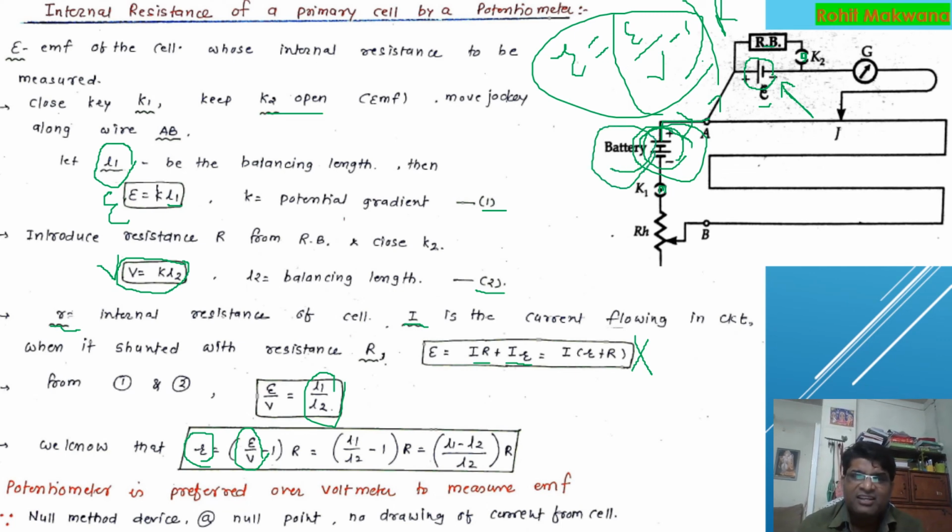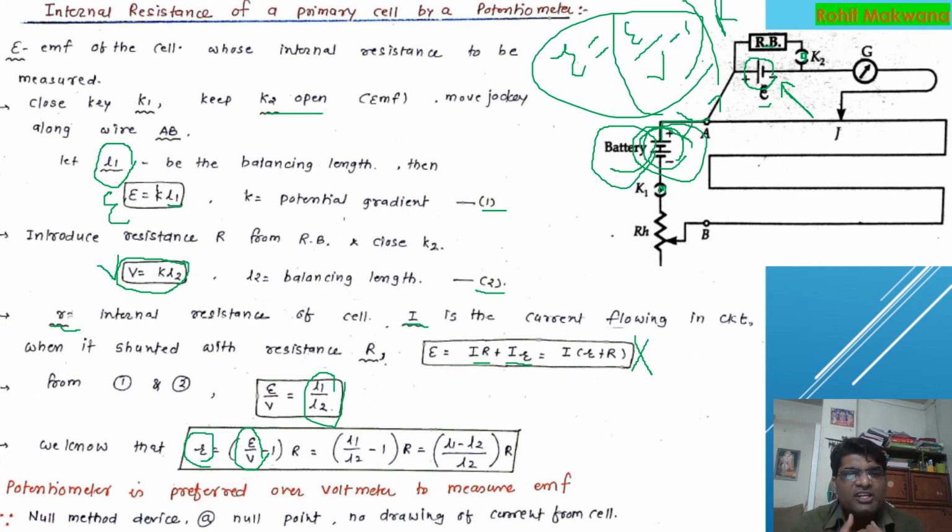Is that clear? And it is a null method device. This potentiometer is a null method device. Okay, so what happens at the null point when the galvanometer reads 0? It is not drawing any current from the cell, and this question was asked in the last 2020 board examination, and it was a very tricky answer. It had two or three correct options. Okay, so potentiometer is preferred over voltmeter, or you can say potentiometer is an ideal voltmeter.